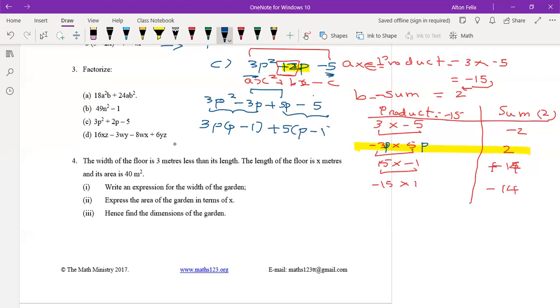How you know you're doing this correctly is that the terms in both brackets must be the same. Then you can further factorize: whatever is outside the brackets, 3p plus 5, you put in one pair of brackets, and the one that's inside, you only write once. So that'll be your answer in terms of factorization.